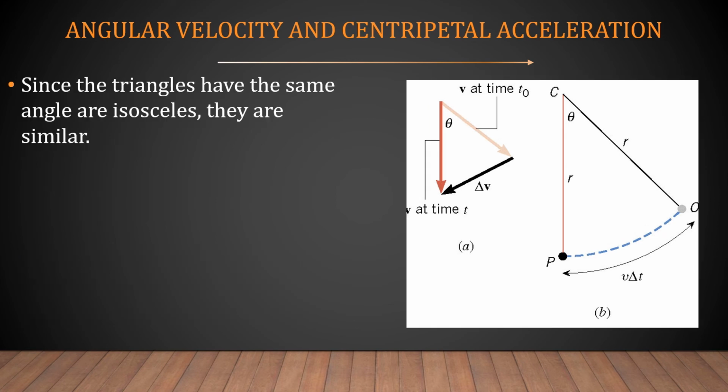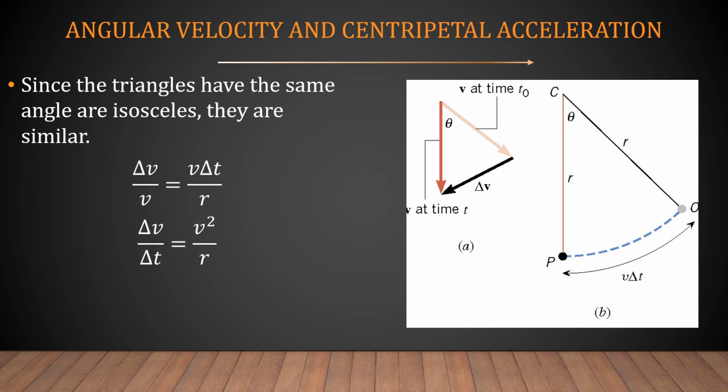Now, since the triangles have the same angles and are isosceles, they are similar, and you know that delta v upon v will equal v times delta t upon r. Delta v upon v is equal to v delta t upon r. Both are equal.